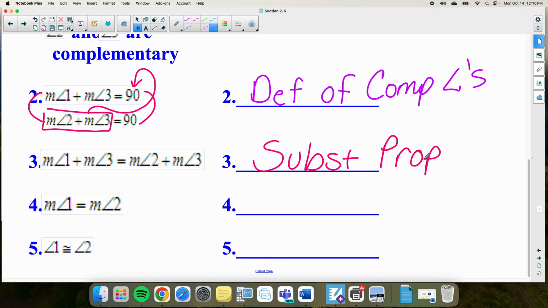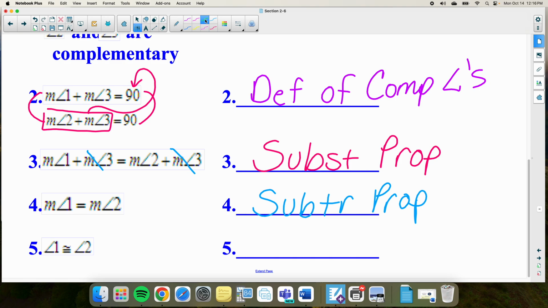Okay. Now, does anyone see what they did in step 4? Subtraction. Yes, they subtracted angle 3 from both sides. So that's SUBTR prop. Okay.